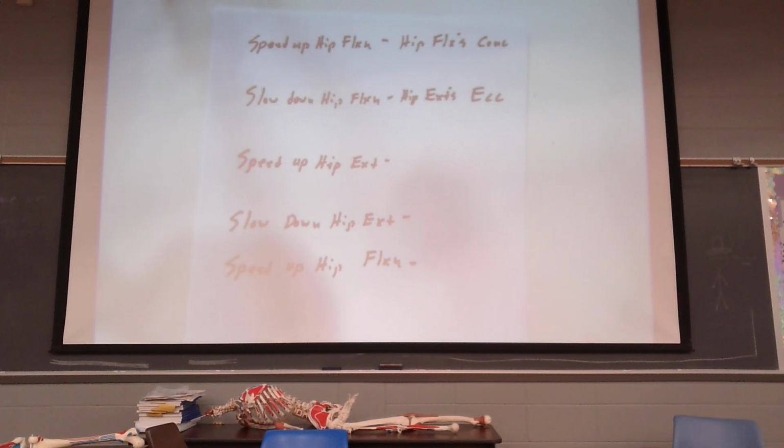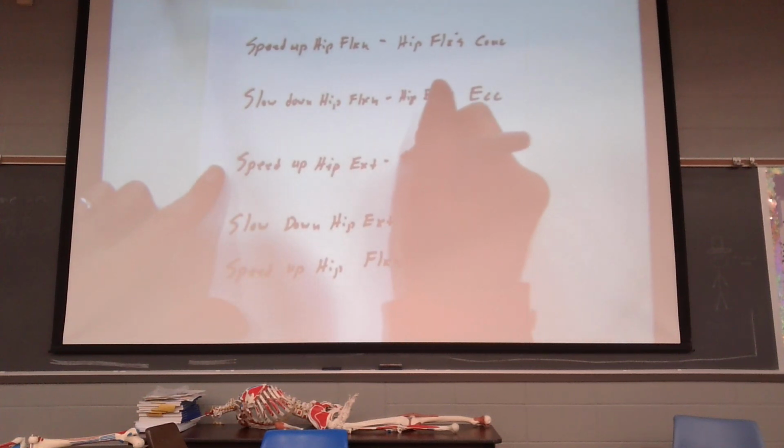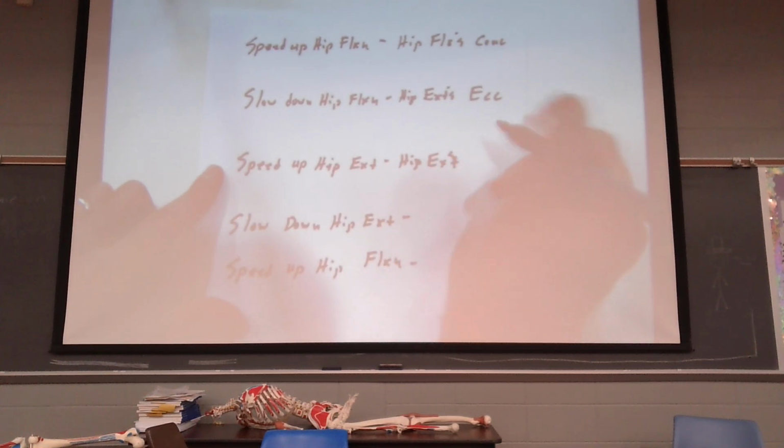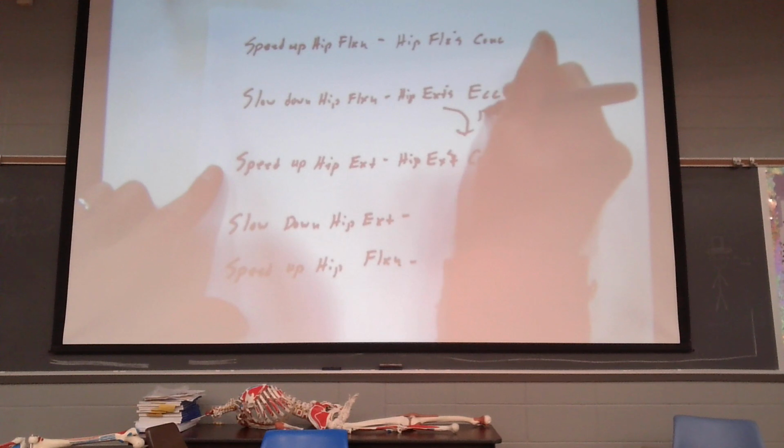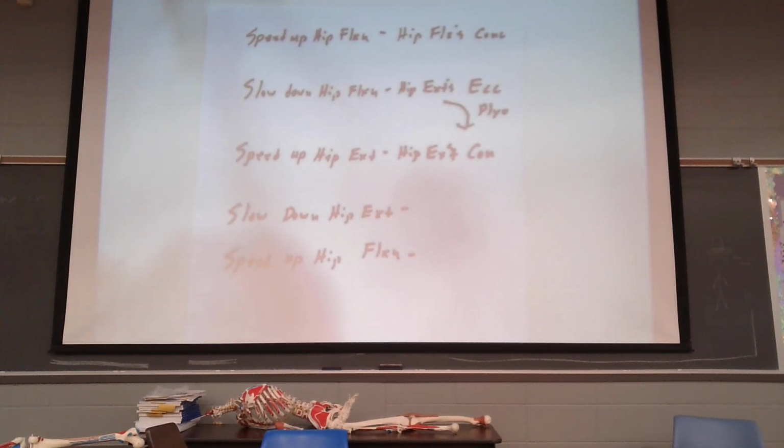Plyometrics is a sequence of contractions where the muscle is putting on the brake, slowing down, and then changing direction and speeding up. Make sense? So speed up hip extension, same muscles, but through a different contraction. And this to that is what we call plyometrics.